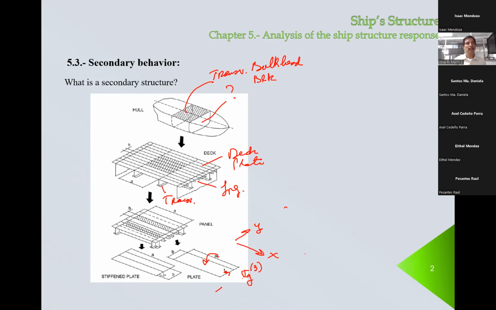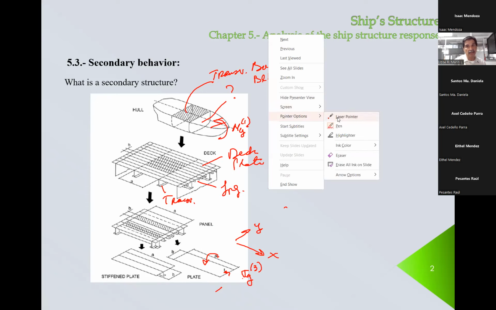We will review that next session, but it's important to start seeing the whole thing, okay? Now, you see that we will mention this in this session, that in the primary case, we would have a bending moment like this. And this would be M sub Y. This is primary bending moment. And this generates stresses in the X direction. And of course, in the longitudinals, we are going to have also stresses in the X direction, okay?